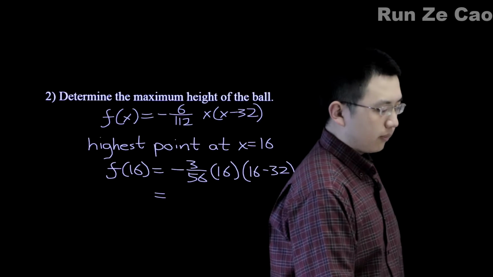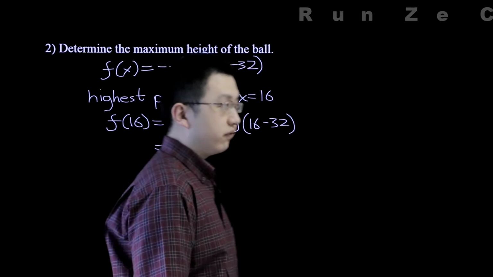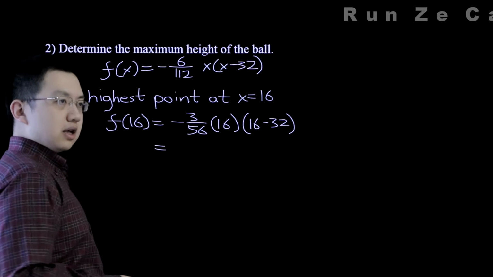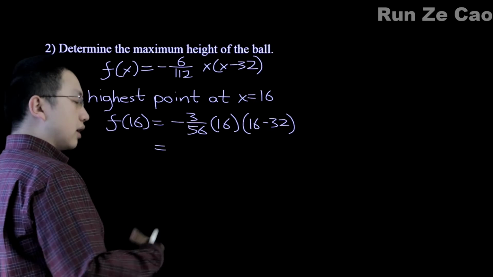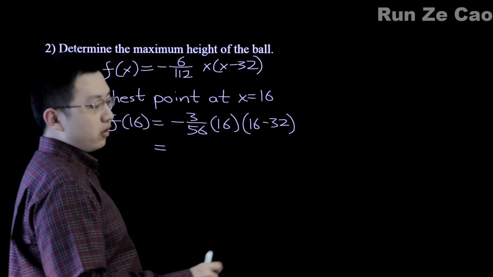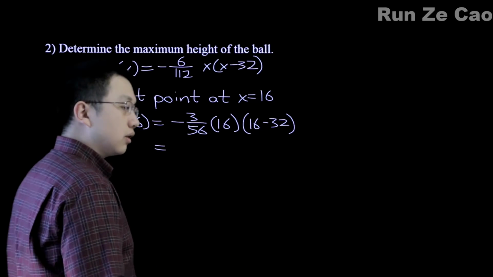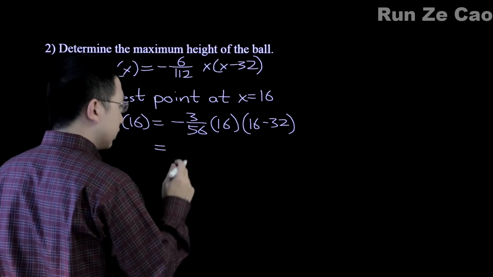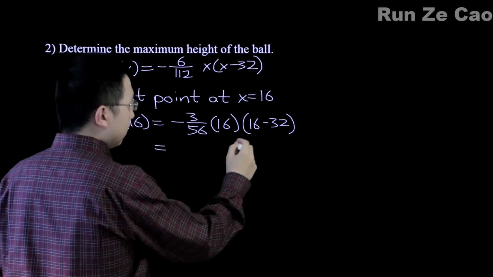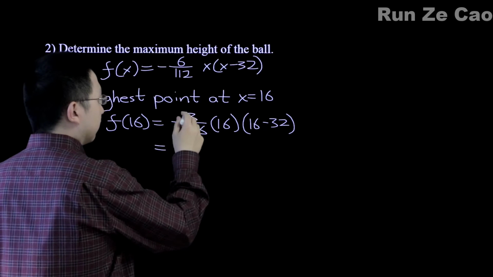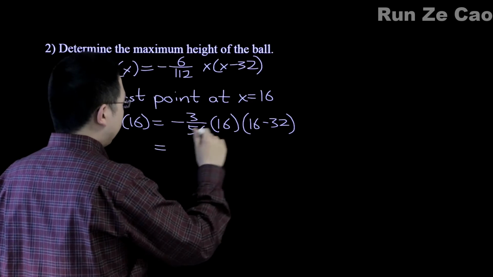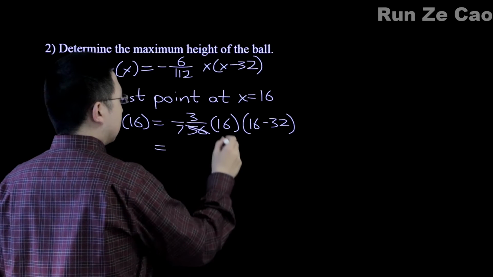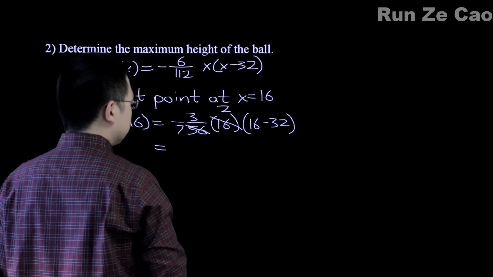So one of the ways to make sure that you have it right when you have it in factor form is that this number and this number end up being the same, or the same and of opposite signs. So in other words, you get a square or a negative square. We could give this neatly as negative of 16 squared times negative 3 over 56, but we're not. Why? Cancel this down to a 7 and this down to a 2.